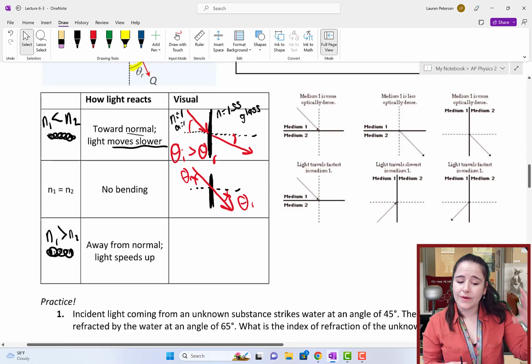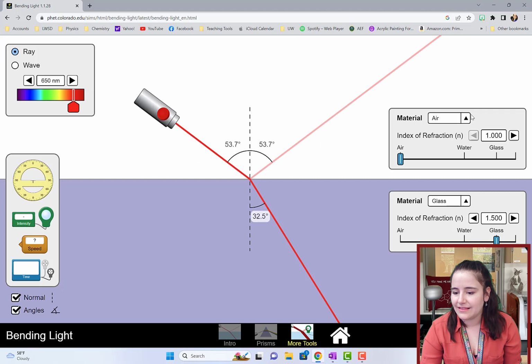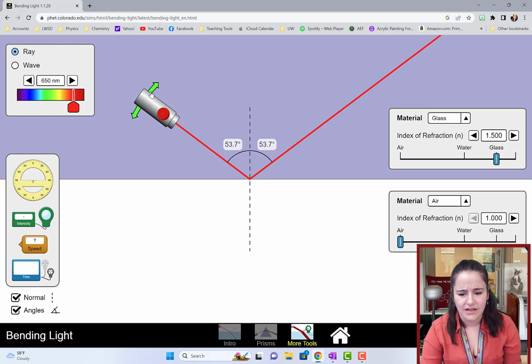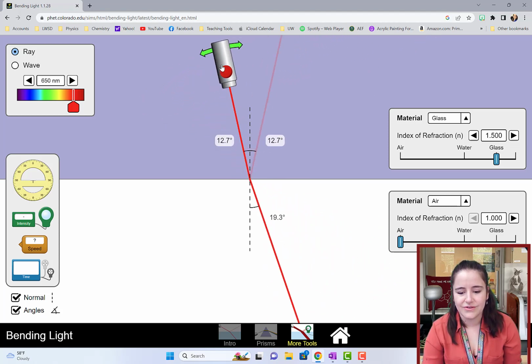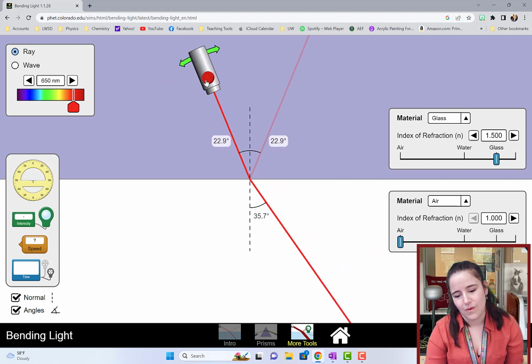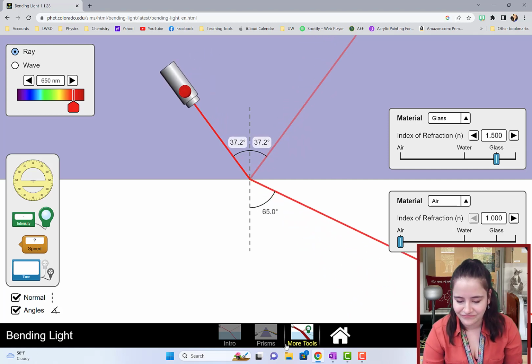If you're going the opposite way, if n1 is greater, like say the light was going from glass to air, that reverse, then you can see that the light is bending away from the normal, okay? And we get some reflected.